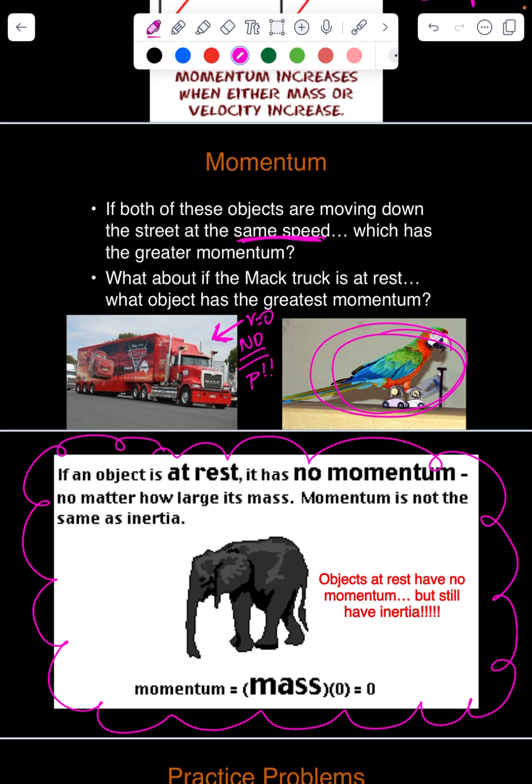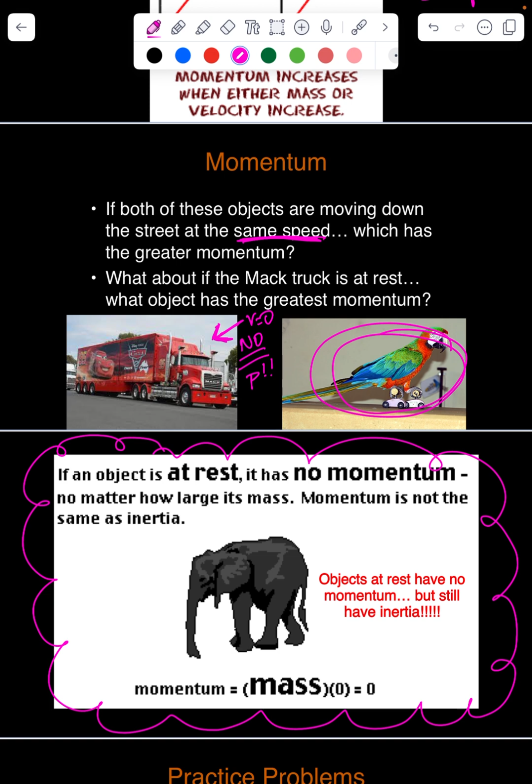If you remember correctly, whenever we were talking about Newton's laws, Newton's first law is also called the law of inertia. And Newton's first law states that an object at rest will remain at rest and an object in motion will remain in motion unless acted upon by an outside unbalanced force.